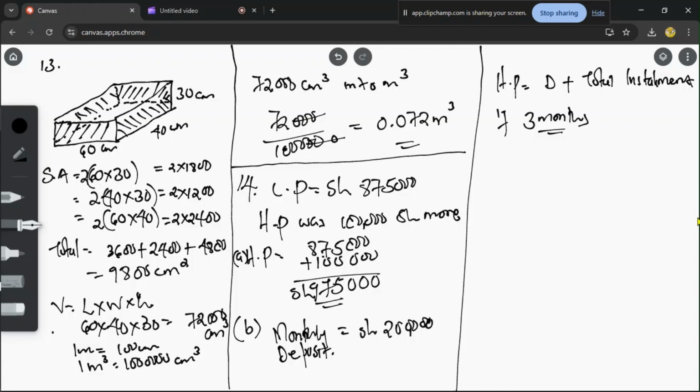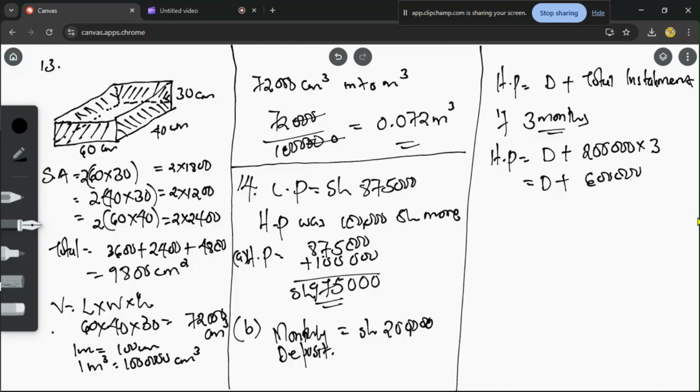So I'll say that the hire purchase is equal to the deposit, which I don't know, plus each month he takes 200,000 for 3 months. So the deposit plus 200,000 multiplied by 3 gives me 600,000.